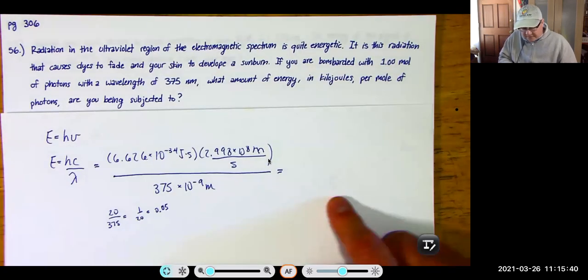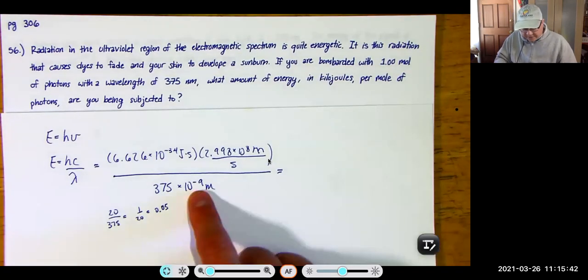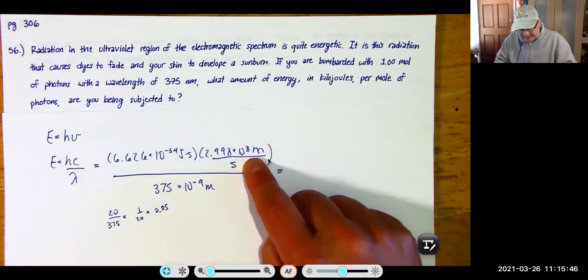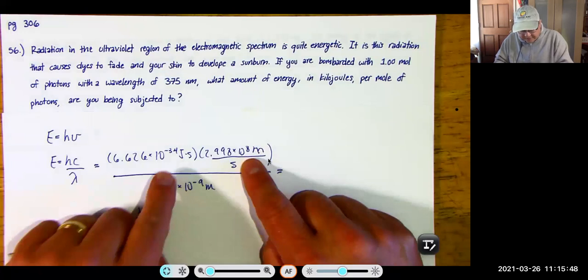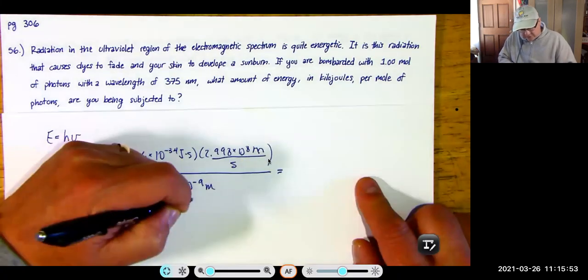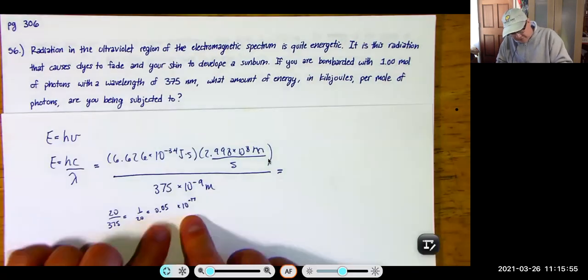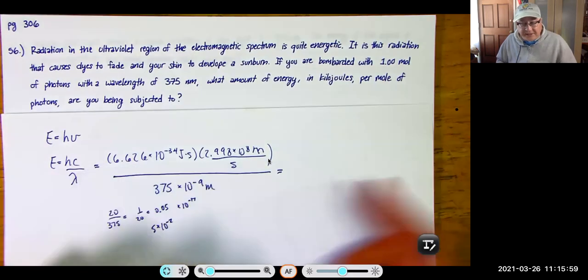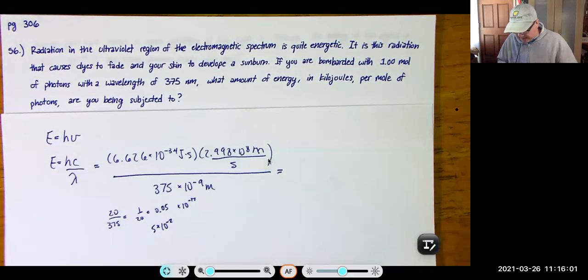Okay, -9 when I put it up top becomes +9, and 8 is +17. Positive 17 and -34 is -17. So when I combine these two together, this is like 5 times 10 to the minus 2. So I should get like 5 times 10 to the minus 19. That's my estimate.